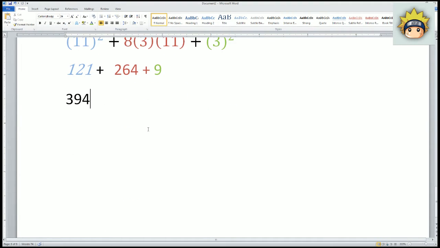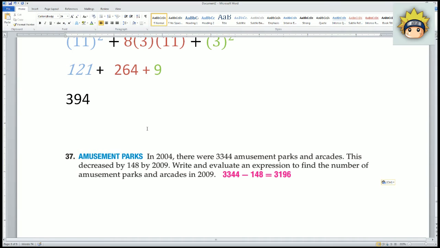After 34, we have 37. It's a word problem. All right, let's read it out. Amusement parks. In 2004, there were 3,344 amusement parks and arcades. This decreased by 148 by 2009. Write and evaluate an expression to find the number of amusement parks and arcades in 2009.